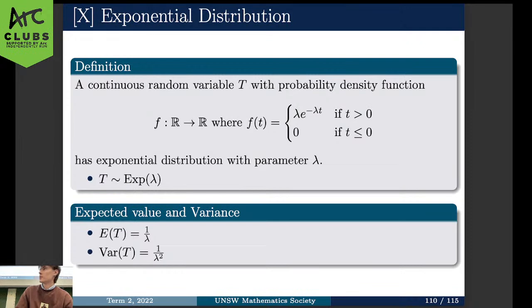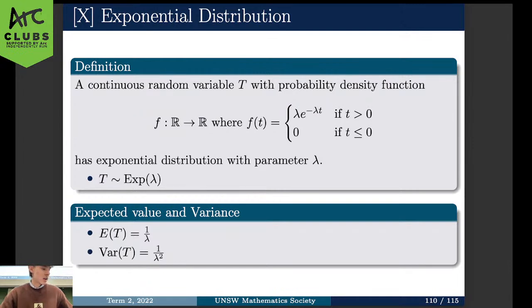This is only relevant to MATH1231. So in this case, previously we discovered that the normal distribution models the binomial distribution for large N. The exponential distribution is a continuous model for the geometric distribution in large N, analogous to the previous binomial and normal case.